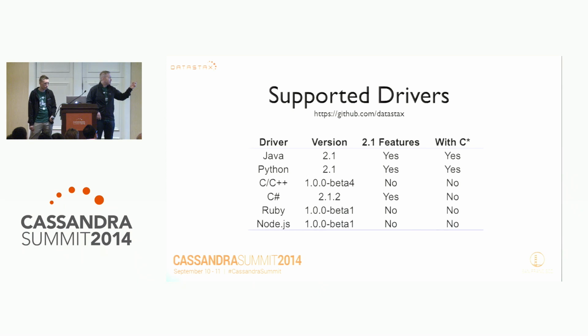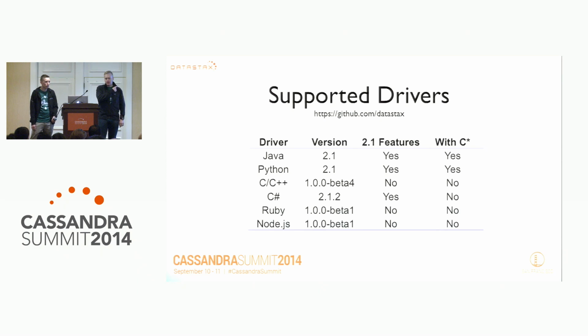We've got a bunch of different supported languages, right? So Java and Python are the oldest drivers, and so they are feature parity with Cassandra 2.1. Cassandra 2.1 came out with user-defined types and a bunch of other stuff today, right?